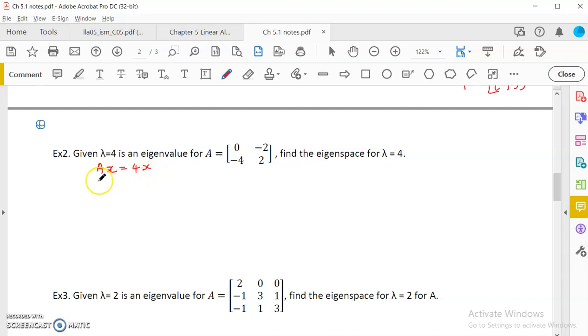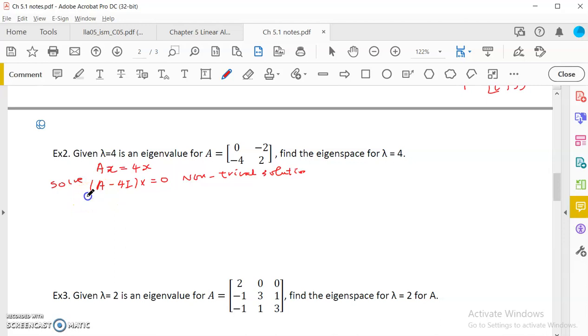And that means A minus 4I times x is equal to 0 with a non-trivial solution. That solution is the eigenvector x, and we want to solve this.